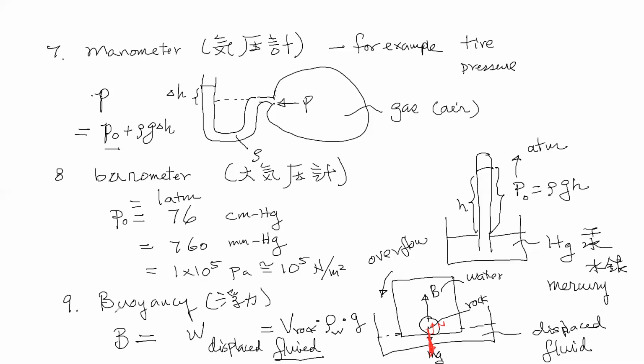So then according to Newton's first law, you have mg equal to N plus B here. And there's no net force, so your summation F is equal to 0 right now. Okay, so that is the Archimedes principle also. So it's also called Archimedes principle.